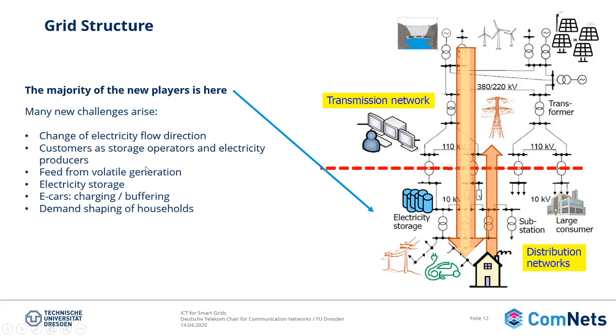And we spoke about the problems that might occur there and how we can actually control them. And we're going to go into more details later on that while we talk about the ICT technologies used in smart grids.